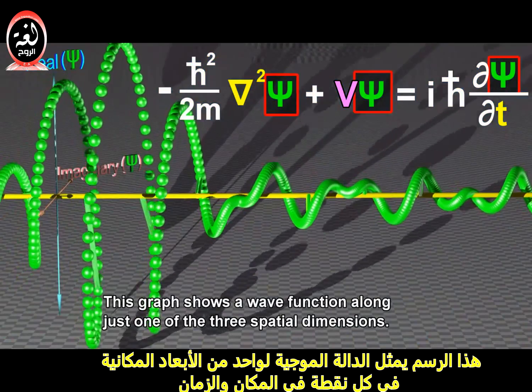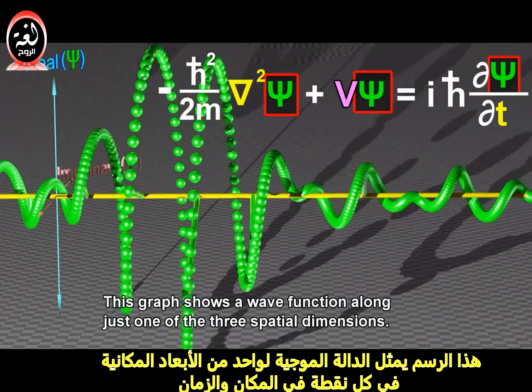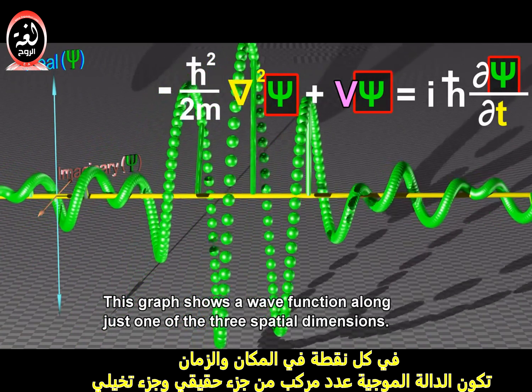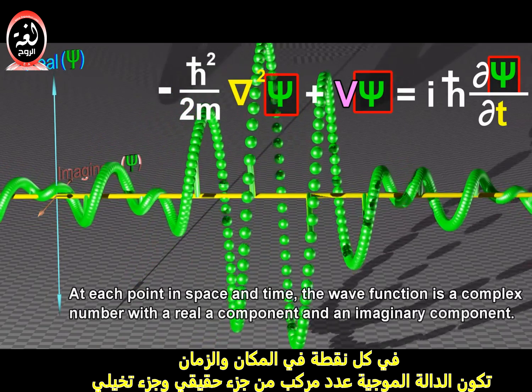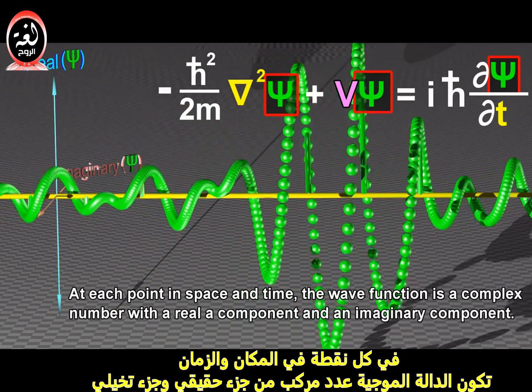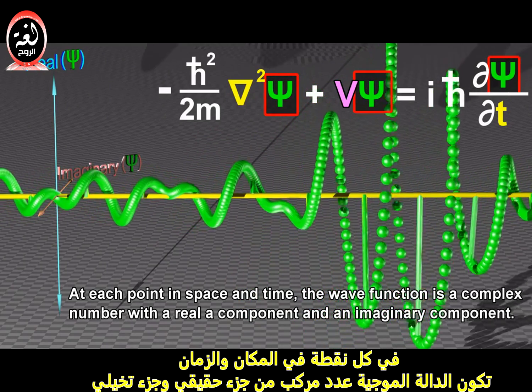This graph shows a wave function along just one of the 3 spatial dimensions. At each point in space and time, the wave function is a complex number with a real component and an imaginary component.